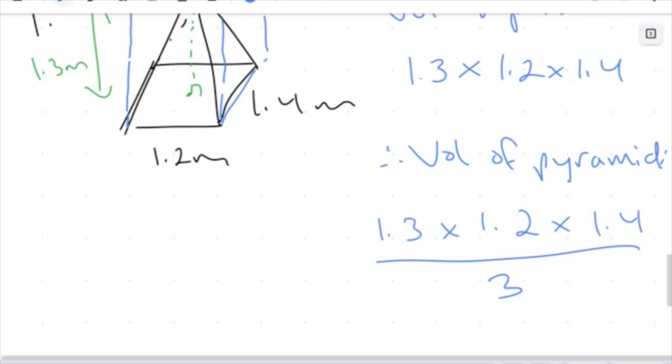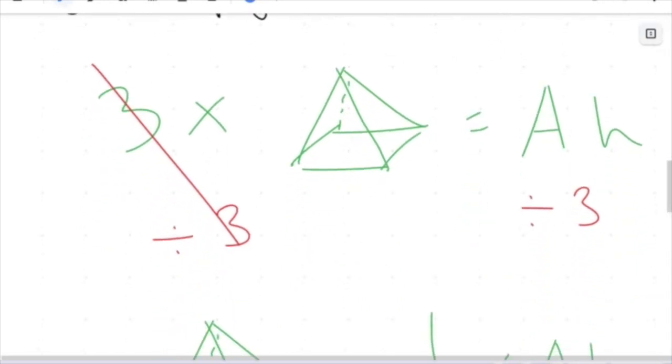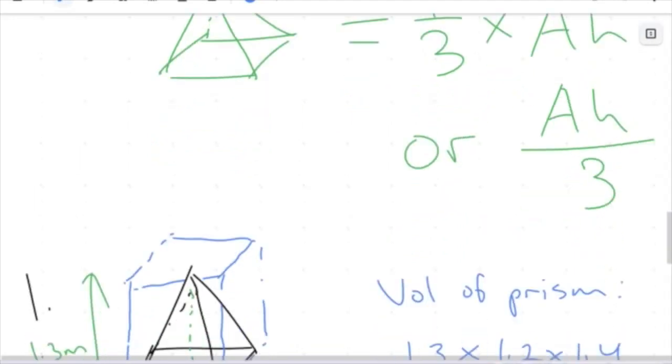This is the main premise of this video, particularly with pyramids. My pyramid is always going to be a third of the volume of a prism with those same dimensions, with the same height, length, and width. And that is given by this formula over here.